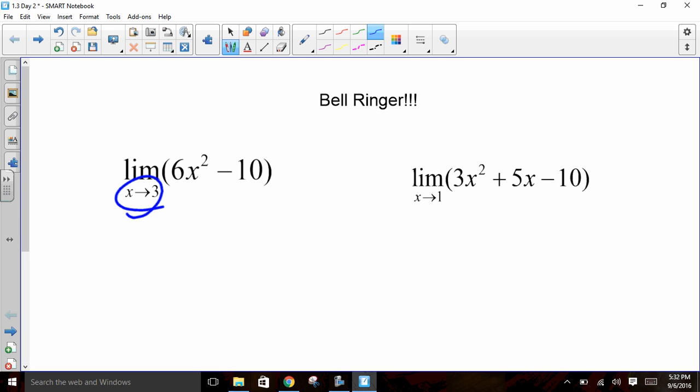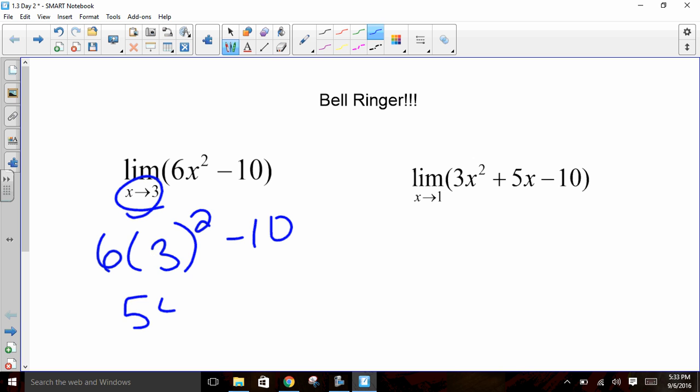So when I have polynomials, I can just plug that value in. So I can take 6 times 3 squared minus 10. 3 squared is 9, so 6 times 9 gives me 54 minus 10. So that limit is 44.